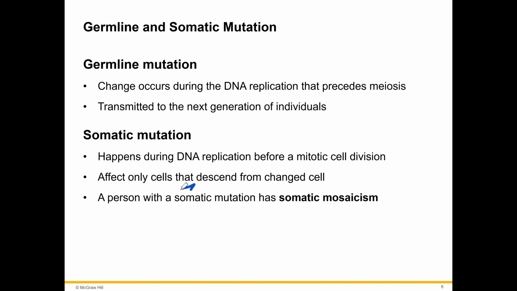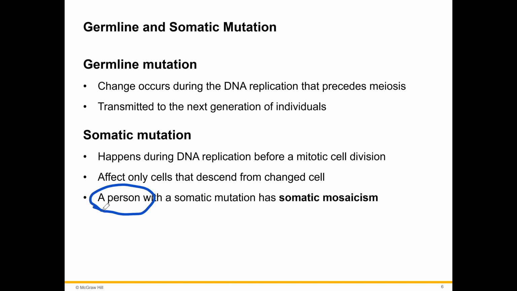If it's during embryonic development, it will affect the cells that descend from the changed cell. Even in an adult organism, for example, if you have a cell with a mutation and the cell becomes a cancerous cell, then when this cell divides by mitosis, all the cells that descend from the cell that had a mutation will have it.